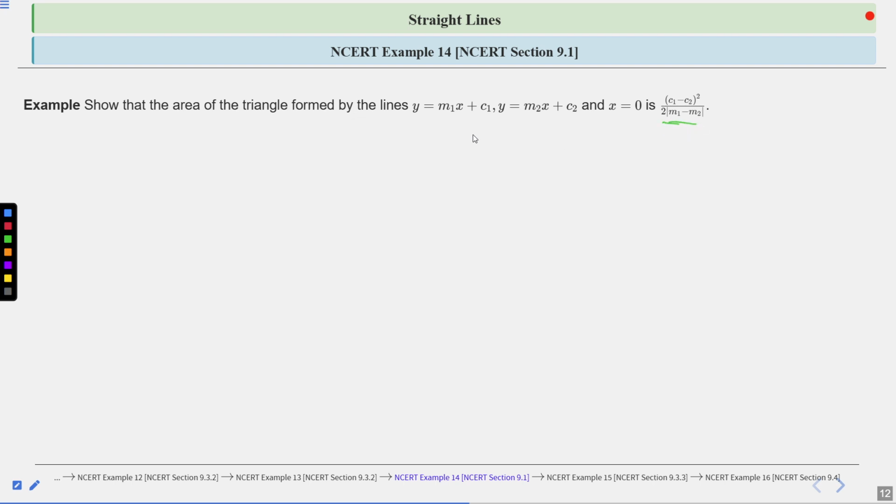So students, first of all, try it yourself. You have 30 seconds to try to solve this question, and then we will provide the solution.